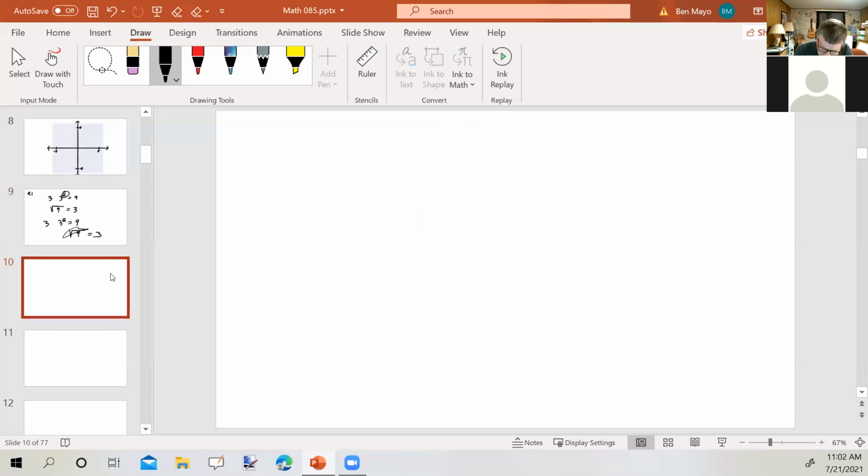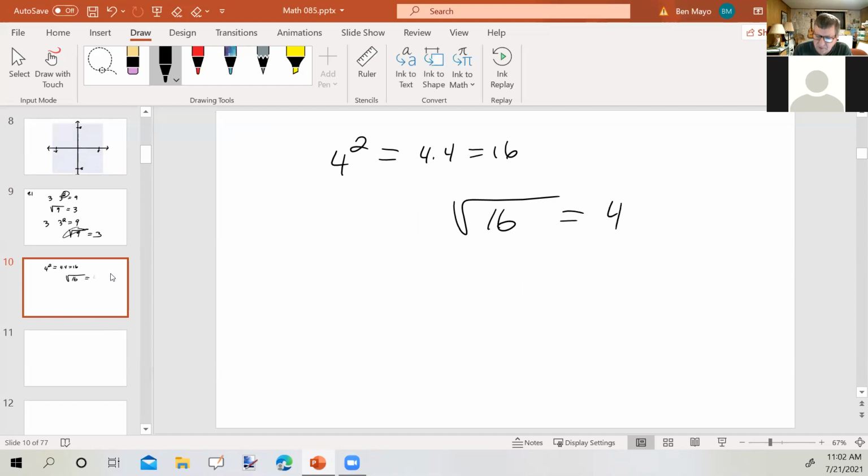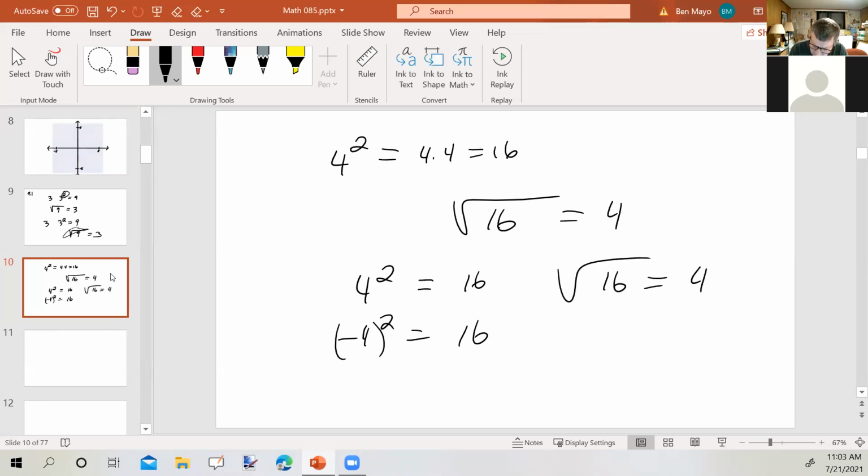So let's say we've got 4 squared. Well, that's 4 times 4, which is 16. But the square root of 16 takes us back to 4. Now, 4 squared equals 16, but -4, the quantity squared, also equals 16. However, when we take the square root of 16, we just get what is called the principal square root.